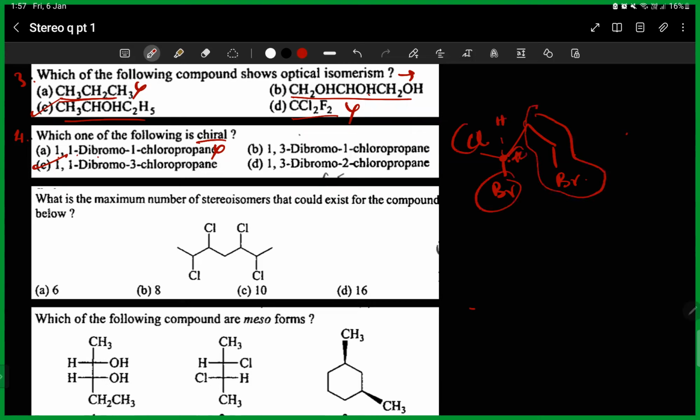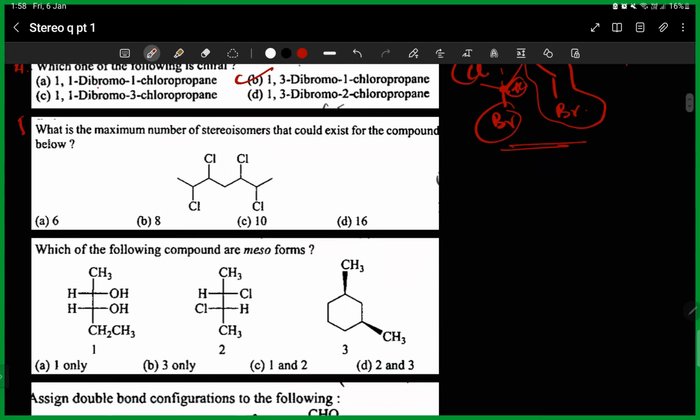You have a chiral center here. Did we make some mistake? 1,1-dibromo, 3-chloropropane. Right, it's 3-chloropropane. I'm sorry, I took it as 2-chloropropane. Yeah, 3-chloropropane will be like this. So you don't have any chiral centers here. So the answer will be B because you have a chiral center here.